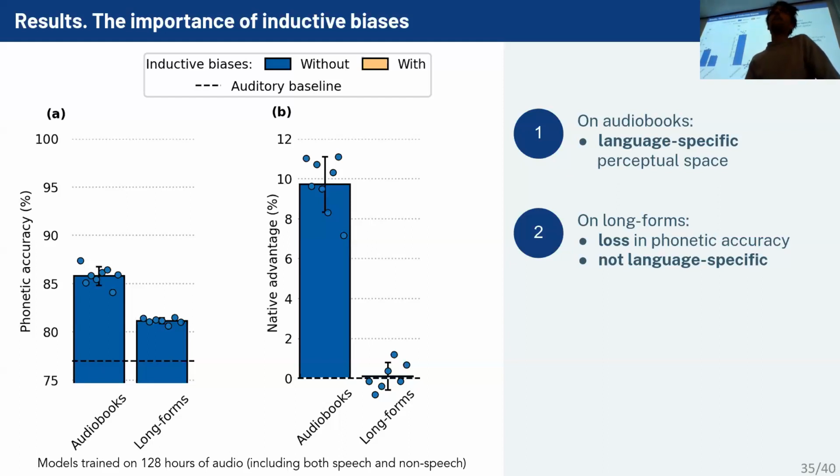Does the long form training exclude the child's own utterances? Actually, we tried with the child's own utterances, and it didn't make any difference in terms of phonetic accuracy. But that's a good question. I feel like you could really do both. Some psycholinguists may be angry with the choice we made, because they would consider that the child's own output is part of their input as well, which makes sense.